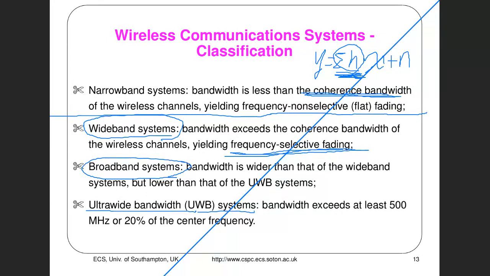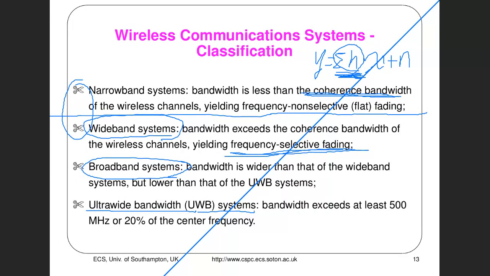Actually, in modern communication systems, we normally only have these two. So we often encounter these two more often, narrowband and wideband, because we have a lot of channel bandwidth to use now. We have a lot of spectrum resource for 4G, for 5G. We have more spectrum resource than before.